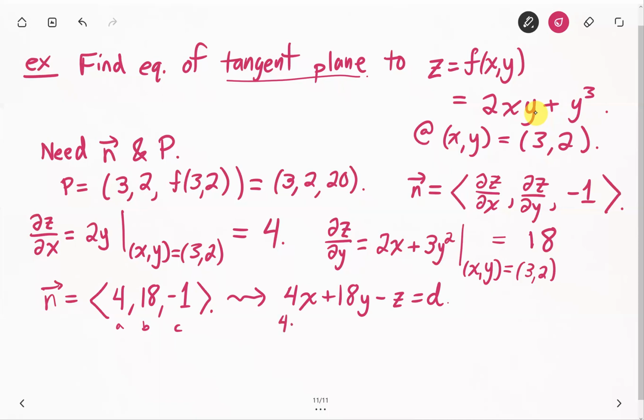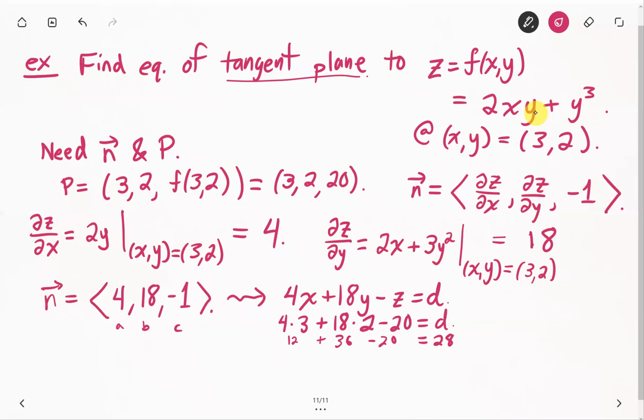So I have 4 times 3 plus 18 times 2 minus 20 equals d. This is 12 plus 36 minus 20. So I have 48 minus 20. It's going to be 28.